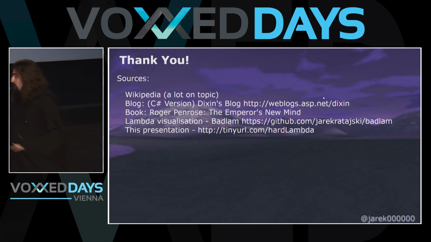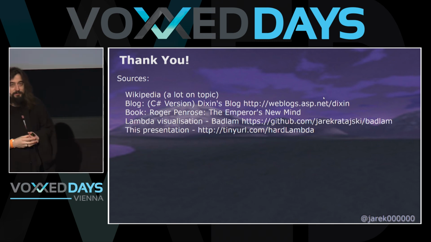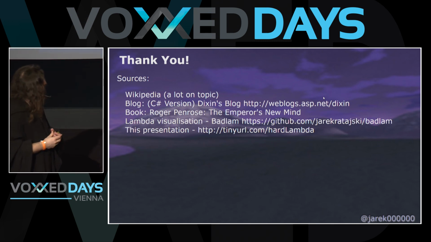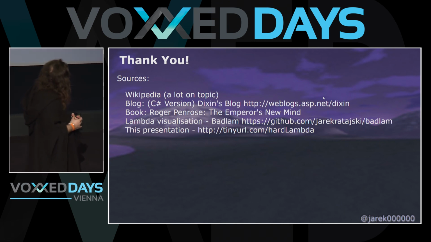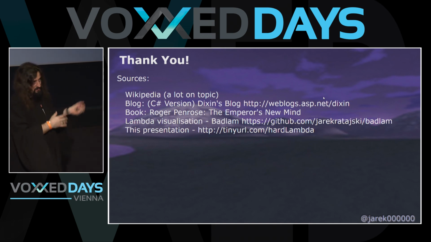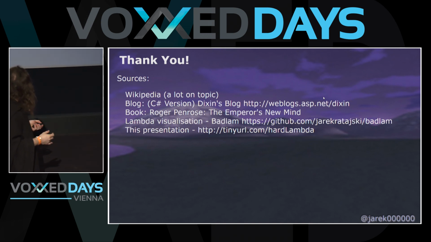There is a great book from Roger Penrose, The Emperor's New Mind, which doesn't really say much about Lambda calculus, but says a lot about Turing machines, Gödel's theorem, and things like that. So it's a very good book for inspiration about these things. And if you want to visualize your lambdas, you can use this package I was using, Bedlam. By the way, it's proven that it cannot work mathematically, but on simple lambdas, it would work.